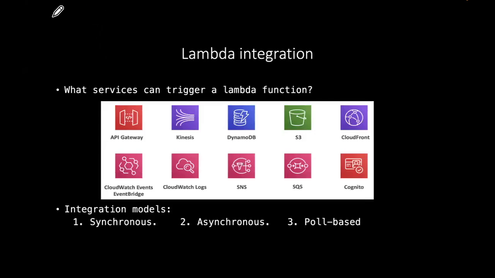By Lambda integration, I mean what other services can trigger the execution of a Lambda in general. There are quite a number of them, not all of them, but quite a number that can be the source of the event that triggers a Lambda function.